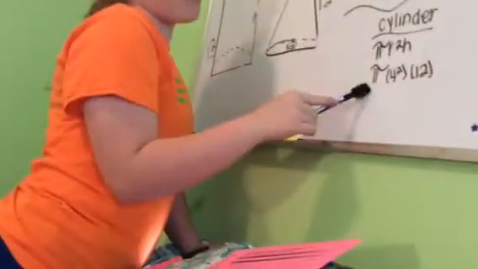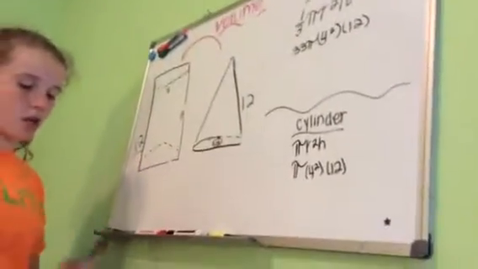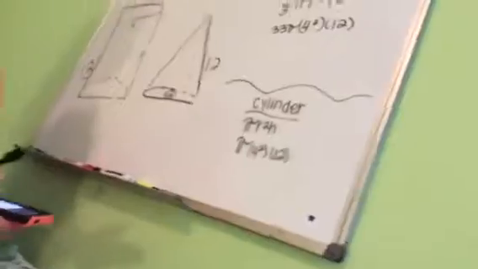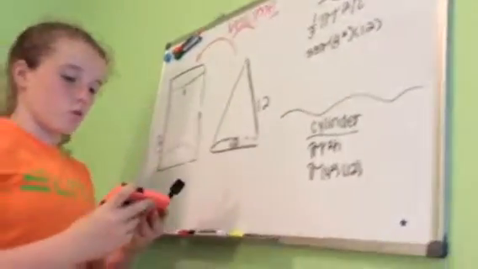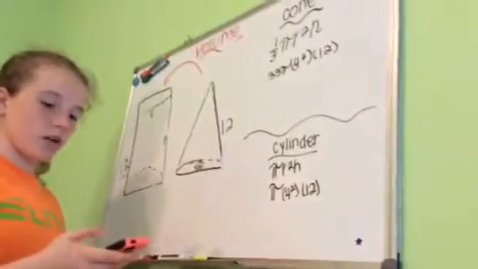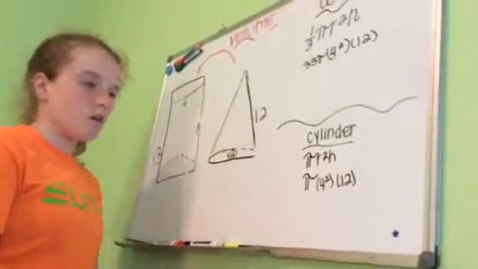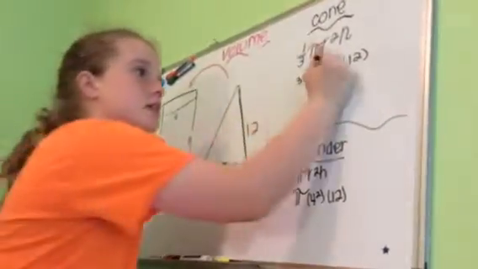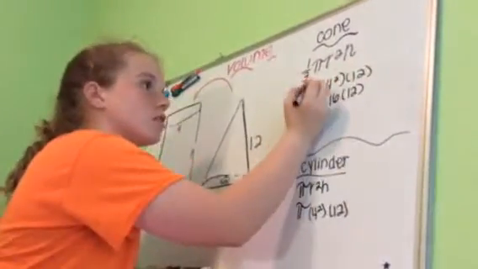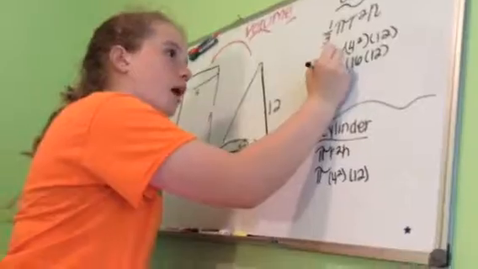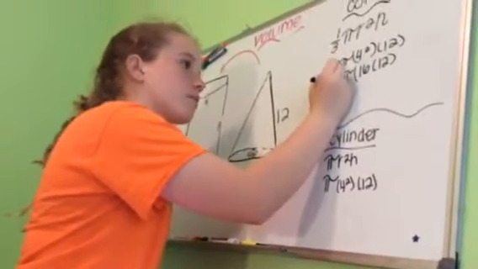We're going to work out our cone first, knowing it's going to be a smaller number. So we're going to do the 4 squared, which also means 4 times 4, which is 16. So we're going to plug in those, 12, and then the pi and the 0.33.